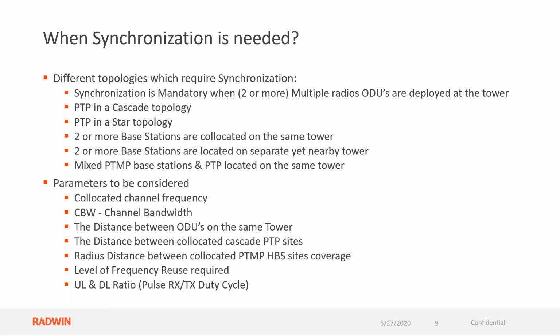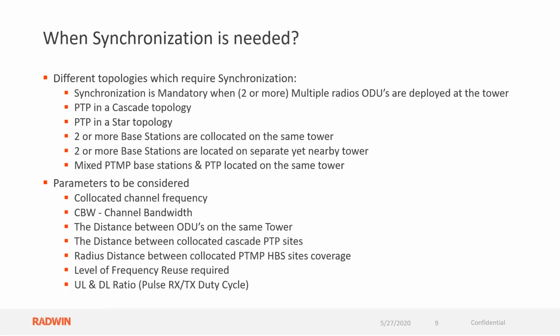Sometimes you need to aggregate between base stations, so you put a point-to-point link as a bigger pipe of capacity to aggregate between different base station sites. All of these topologies need to be considered when we deploy, to consider how to properly synchronize between all these solutions and configurations.